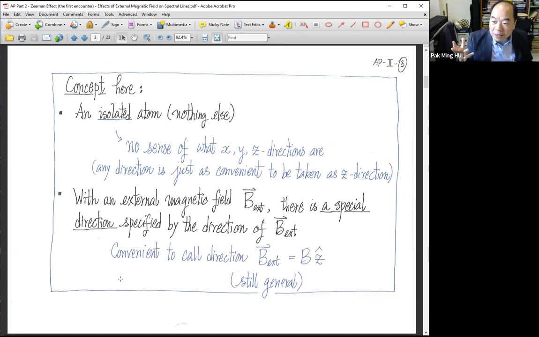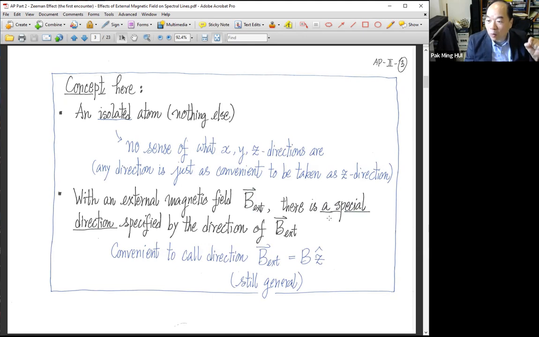But for an isolated atom, it is just our choice in doing the mathematics. However, once you have a magnetic field applied, there is one special direction, which is the direction of the magnetic field. So once you have an applied field, there is a special direction in the problem.